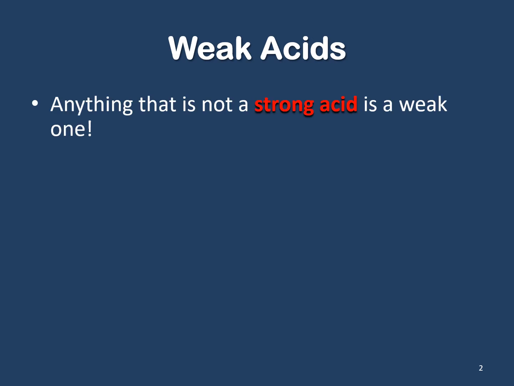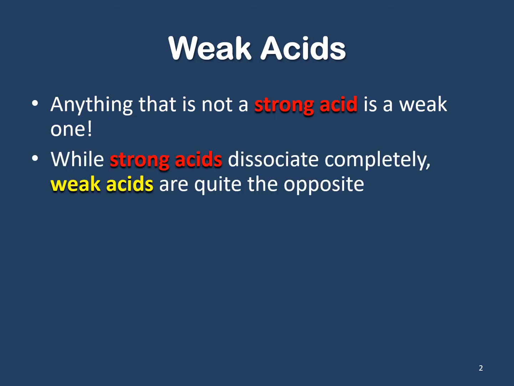So let's talk about weak acids. Anything that is not a strong acid is a weak acid. So pretty much by definition, we memorize those 6 strong ones. Anything that's not one of them is weak. Now what does it mean? Strong acids, like we talked about, dissociate or ionize 100%. Weak acids generally are pretty much the opposite.